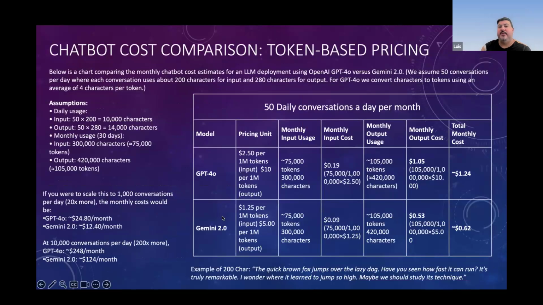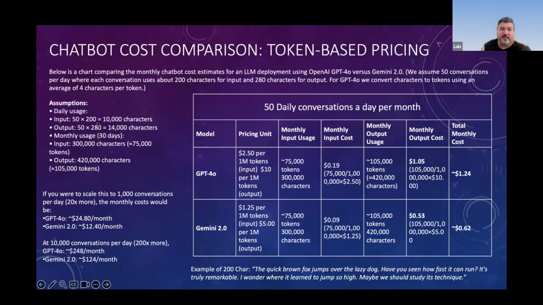We also looked at comparing two different models. So if we were to look at having a simple conversation down here, the quick brown fox jumps over a lazy dog. This is an input example, which is about 50 tokens, I think this is what it was. So now we know that 50 tokens is about, sorry, this conversation is about 200 characters.